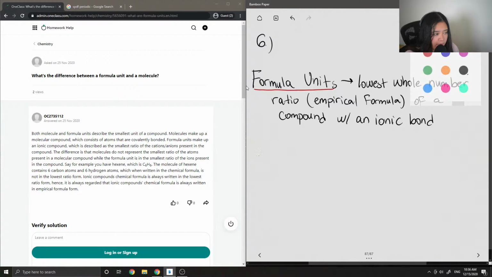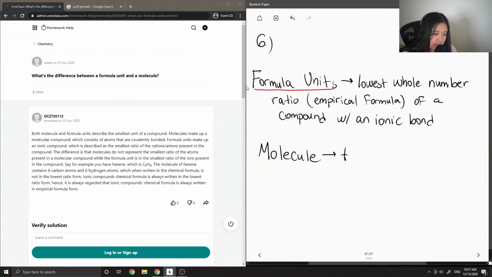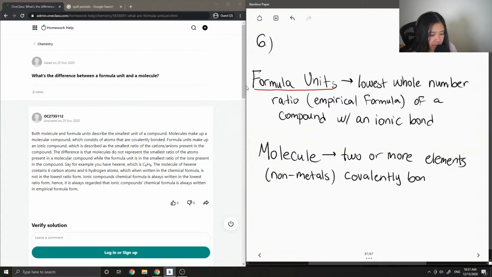And when we have a molecule, this is when two or more elements or non-metals are covalently bonded together.